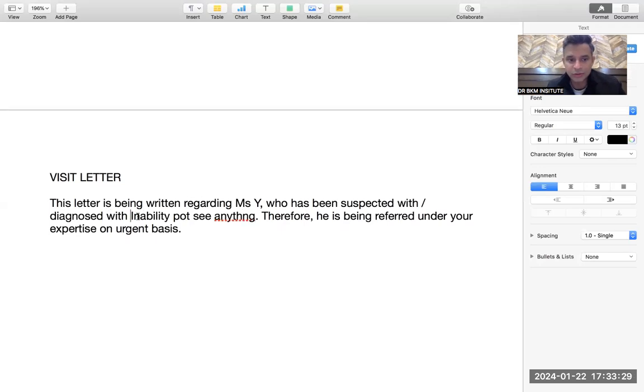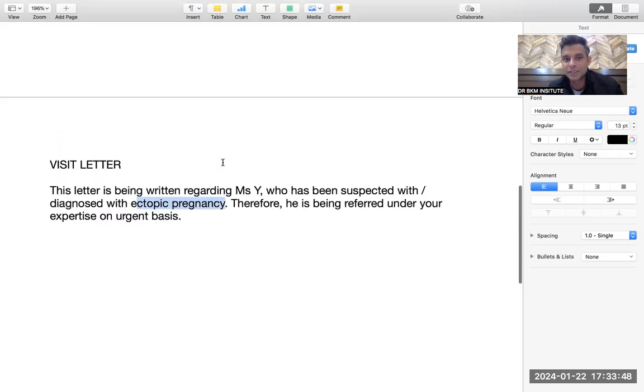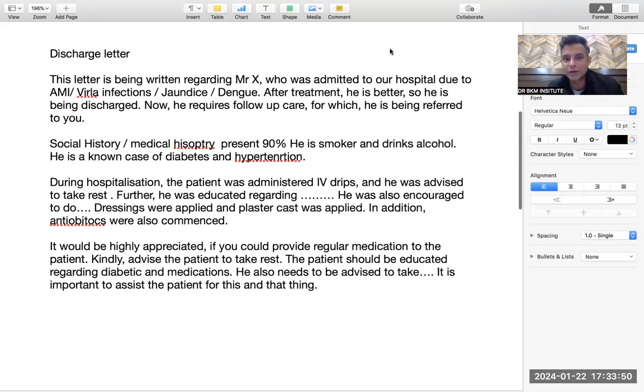If you are saying diagnosed with ectopic pregnancy, so you are writing to, yes, an obstetrician or gynae. That is how simple. First of all, understand to whom you are writing the letter. Then you find the main problem. So this is the purpose. In a follow-up care kind of letter, this was the purpose.